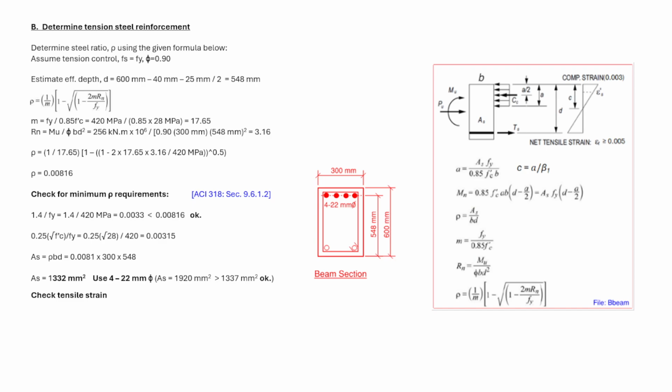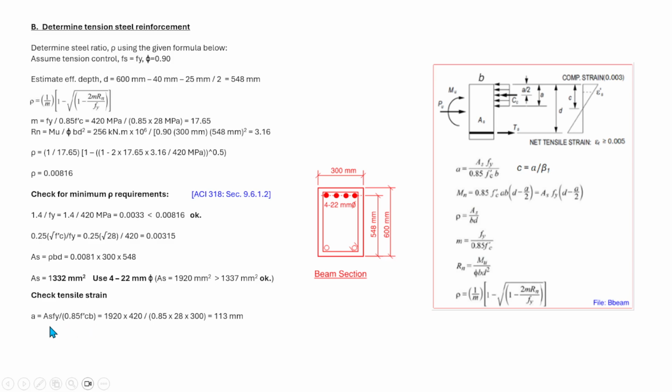Now we will check the tensile strain of the reinforcement to make sure that the steel has yielded. To calculate the tensile strain, first we need to determine the value of a, which is the stress block, and that is equal to As times Fy all over 0.85 fc prime times b.